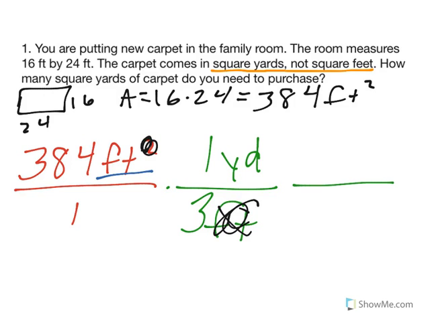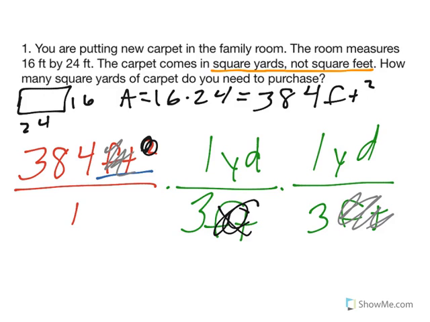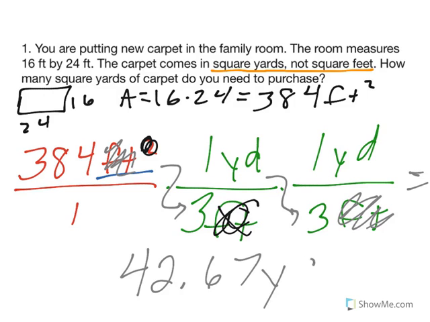And then when you say, let's do it again, 1 yard over 3 feet, then this foot cancels out with the other one. And now I'm ready to do my math. Numbers on the top you multiply, numbers on the bottom you divide. So 384 divided by 3, and rounded, we end up with 42.67 square yards.